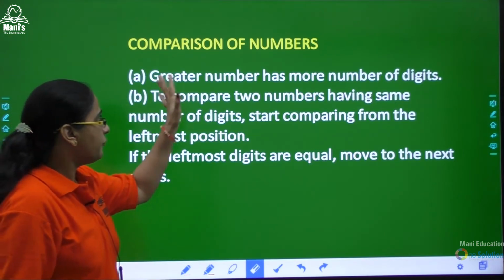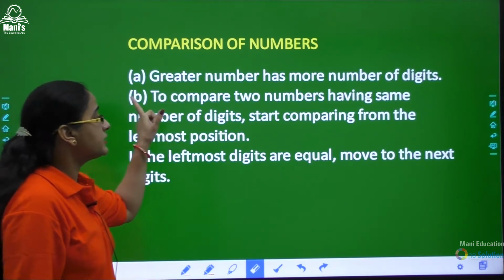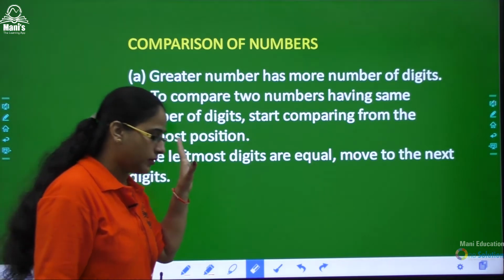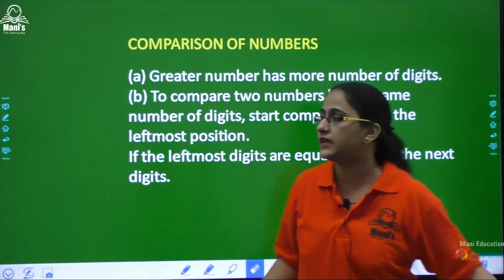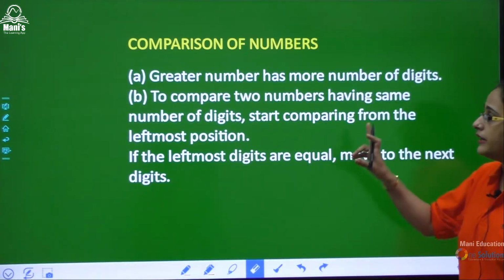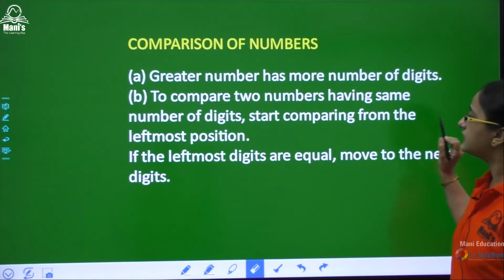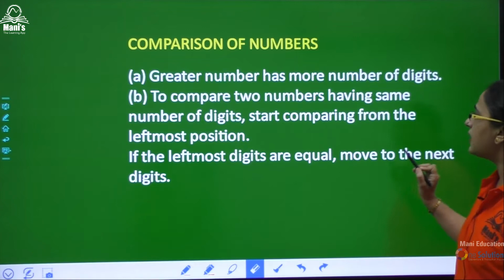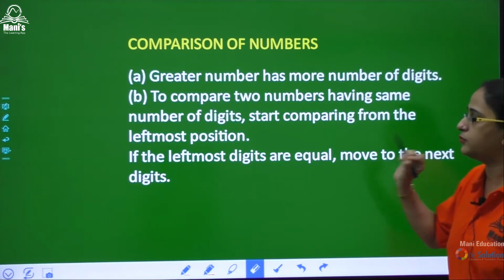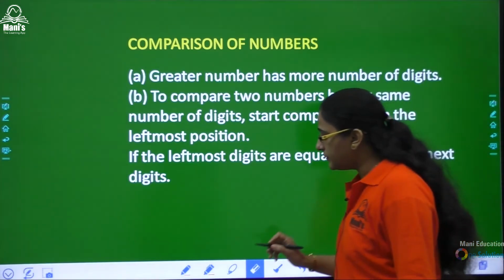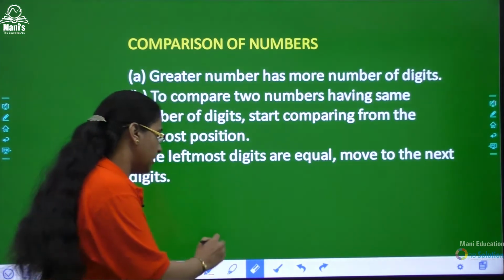For the comparison, the first point is that the greater number has more digits, which we discussed with the help of an example. Now second, to compare 2 numbers having the same number of digits, start comparing from the leftmost position. What is the meaning of leftmost position?